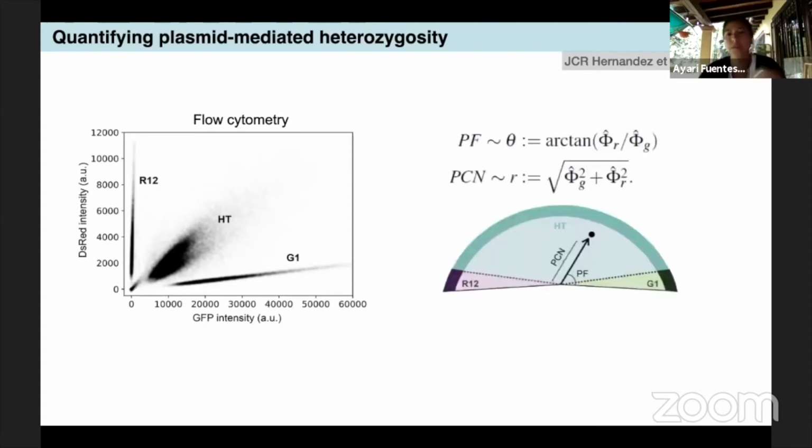So what we wanted to do now is to have a representation of just two parameters of the plasmid: the plasmid frequency and the plasmid copy number. So we did a change of coordinates to angular coordinates, and we have this really nice representation.